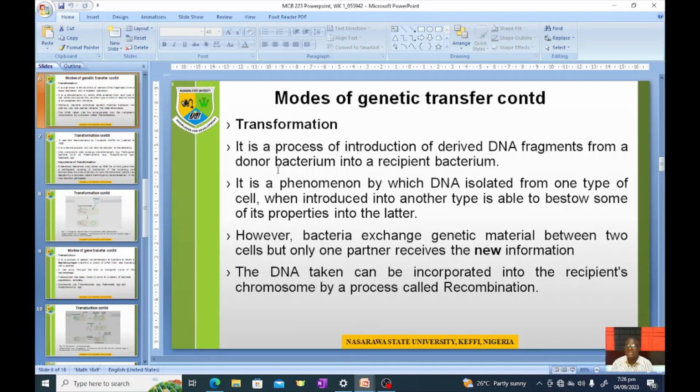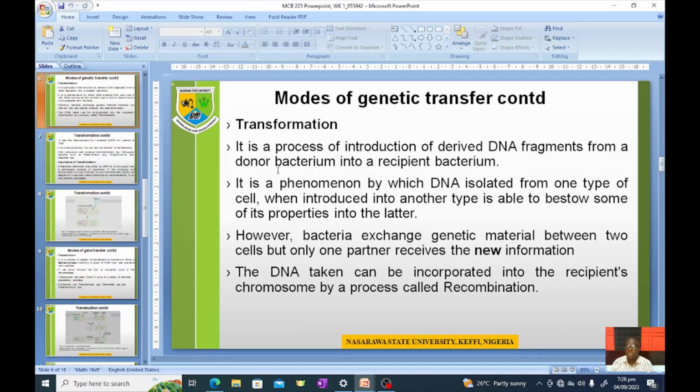In other words, transformation involves the introduction of DNA components or parts from a donor bacterium into another bacterium that hitherto did not have such parts or genetic material.